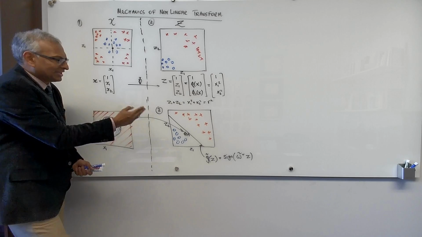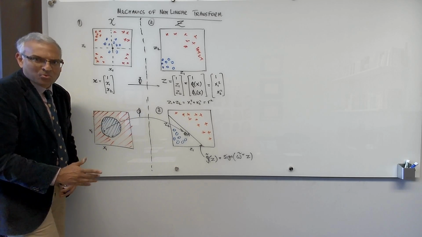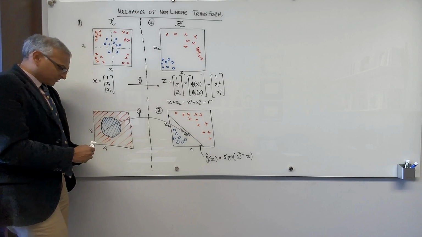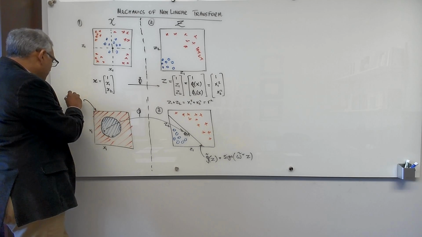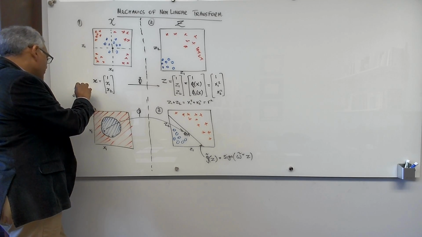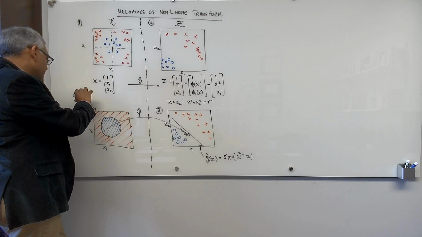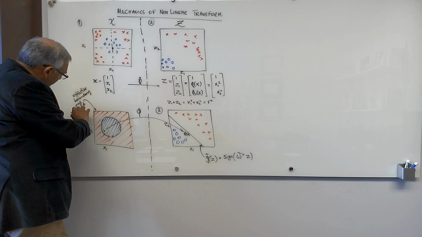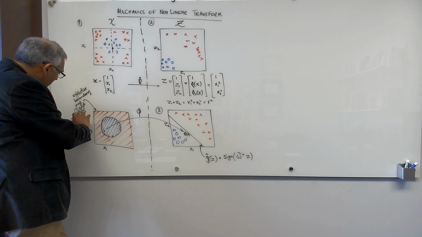In this case, something like an ellipse or a circle. Wow. Look at that. Beautiful. So this is the effective boundary my client sees. And it's non-linear.